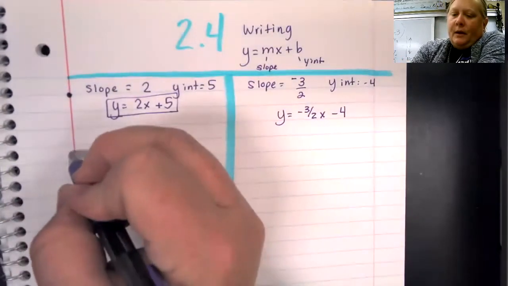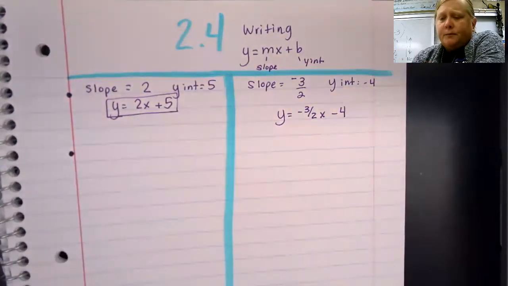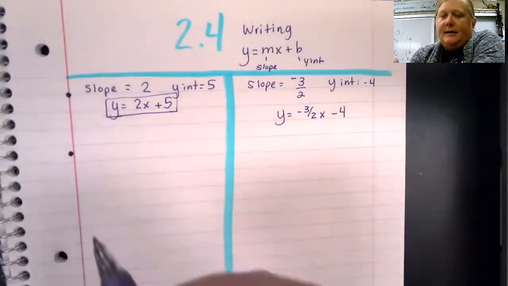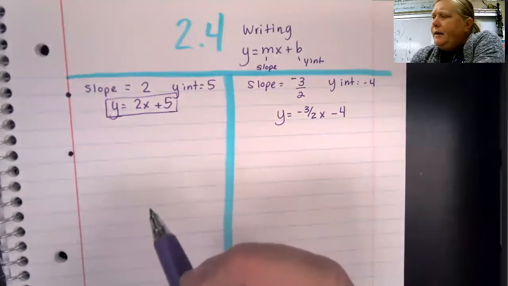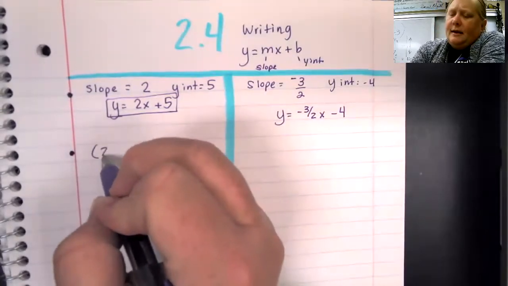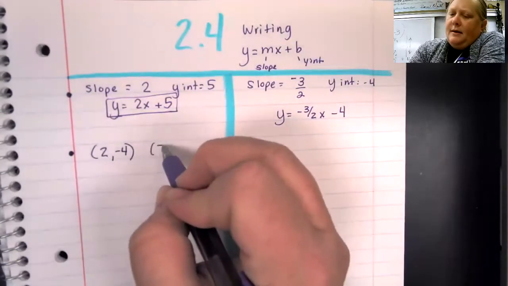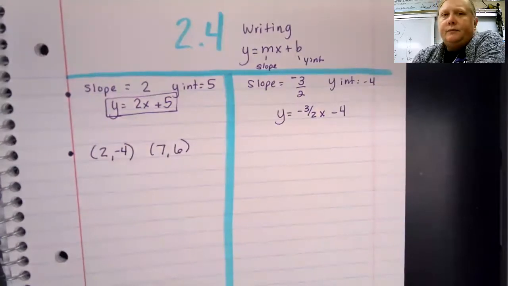Okay, what do you do if you're not given the slope and you're given 2 points on the line? Let's do 2 points on the line: (2, -4) and (7, 6), okay? So this takes a little bit more work.